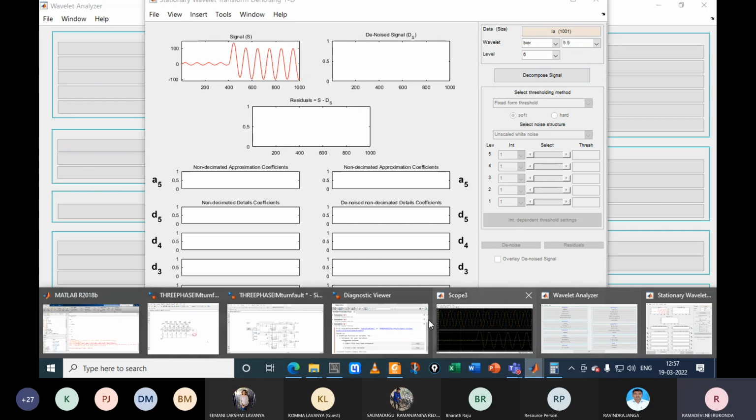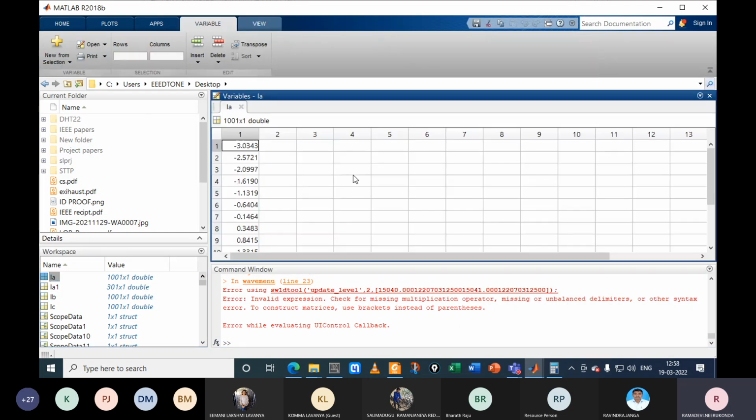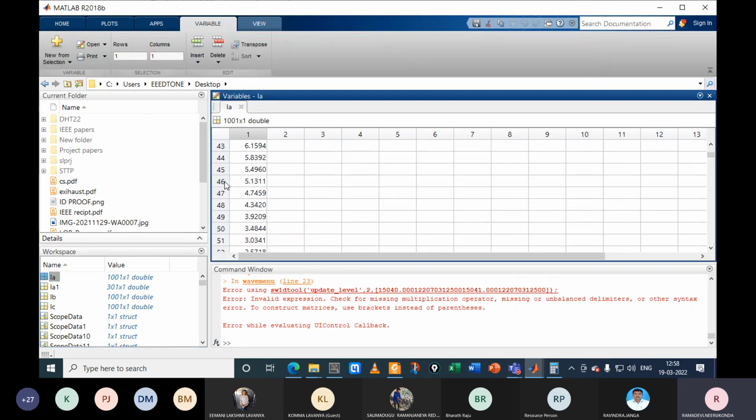So let us extend these sample values, making use of this IA signal. So this is the IA signal. So 1000.